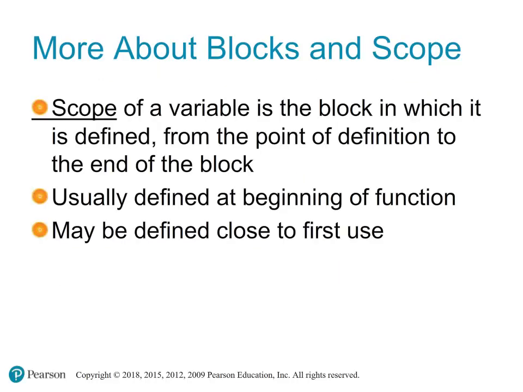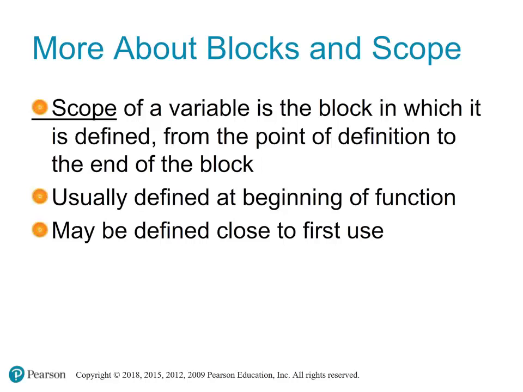The scope of a variable refers to the region of code where the variable can be accessed or modified. A variable's scope is limited to the block in which it is defined. A block is a section of code enclosed in curly braces. The variable is accessible from the point where it is defined until the end of the enclosing block.